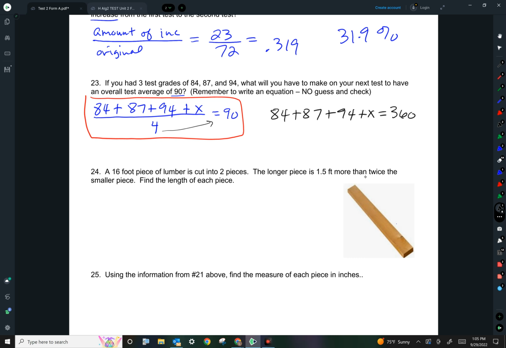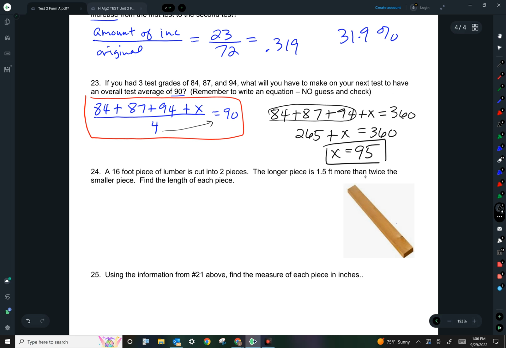If I add up, and this is calculator, the 84 plus 87 plus 94, that's going to give me 265. So this part right here is 265 plus X equals 360. So if I want to solve for X, I'm just going to subtract. So if I subtract 265, that's going to be 95. That means on that 4th test, I would have to make a 95 in order for my overall average to be a 90.